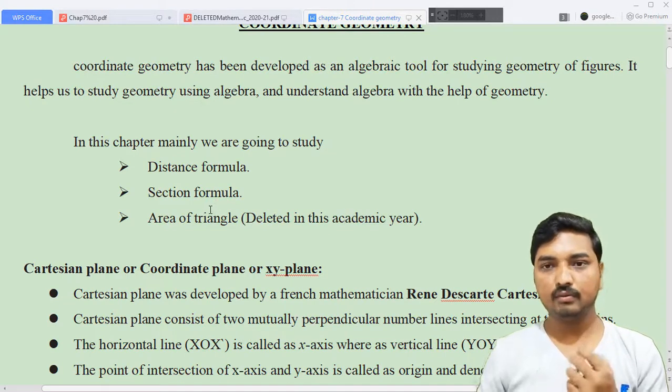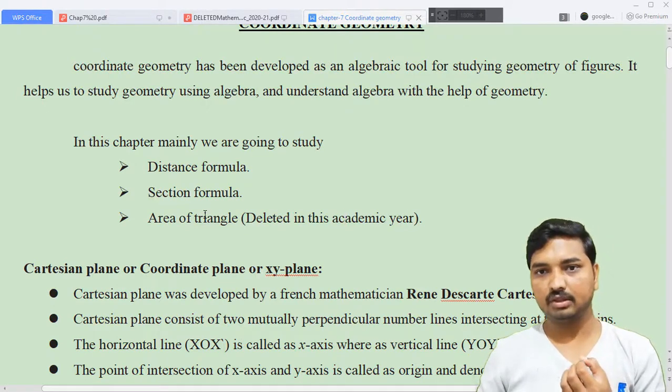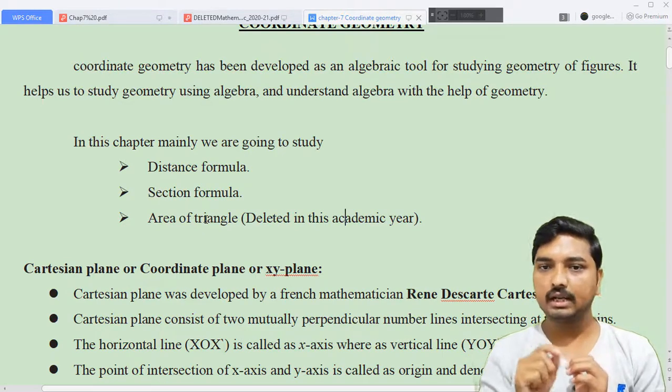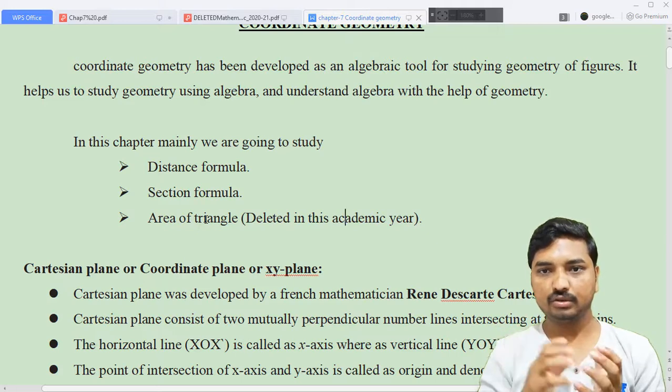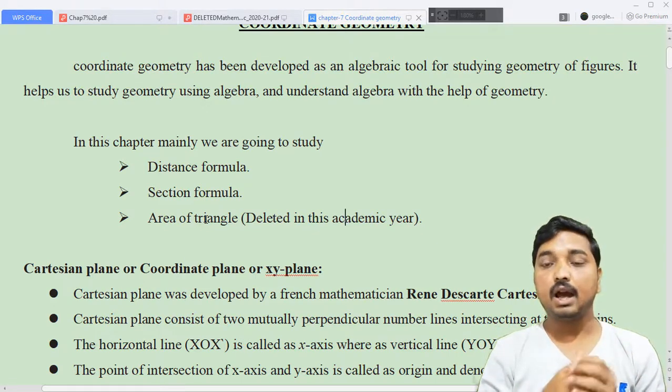Okay, so now before beginning this chapter, I'm going to convey the basic concepts of this chapter, coordinate geometry. All these things were already studied in your 9th standard, but I think you have forgotten all those important points, like what is the Cartesian plane and how it is formed.